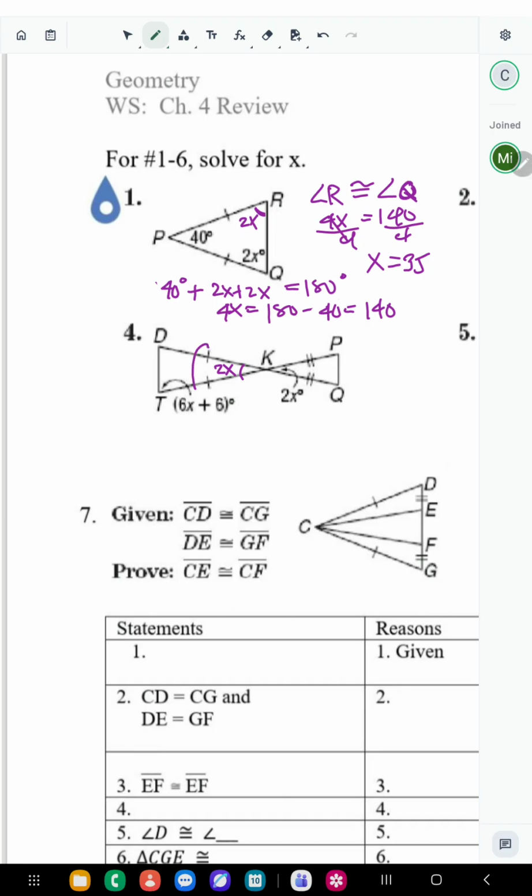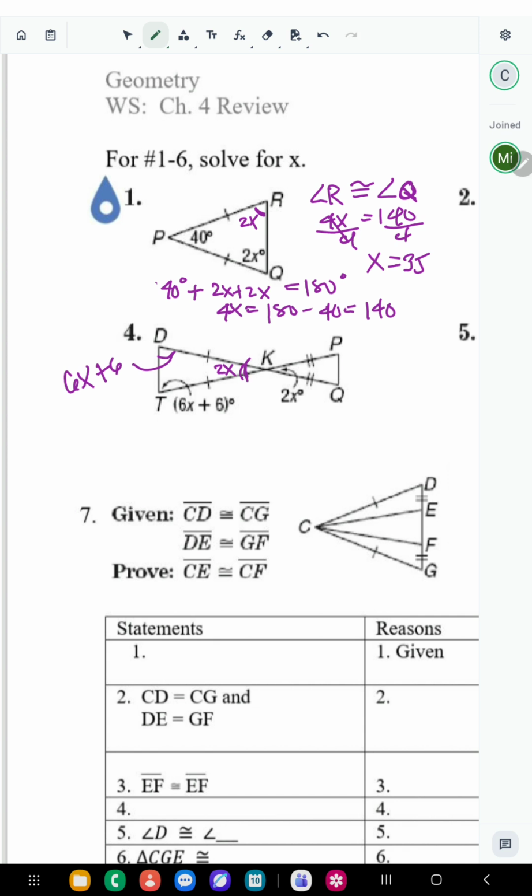So it's indicated here that the two sides are congruent. So that means this one is also equal to 6x plus 6. And take note here that they are vertical angles. So that means this one here is also 2x.